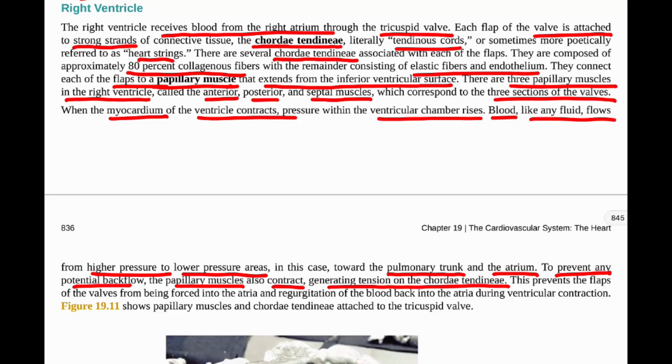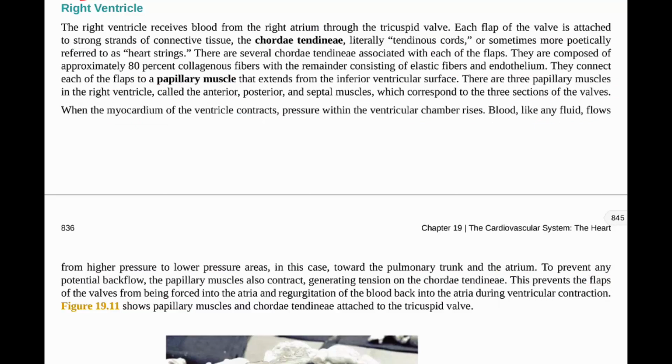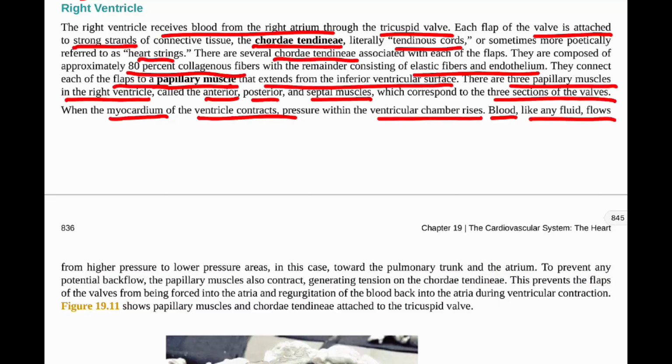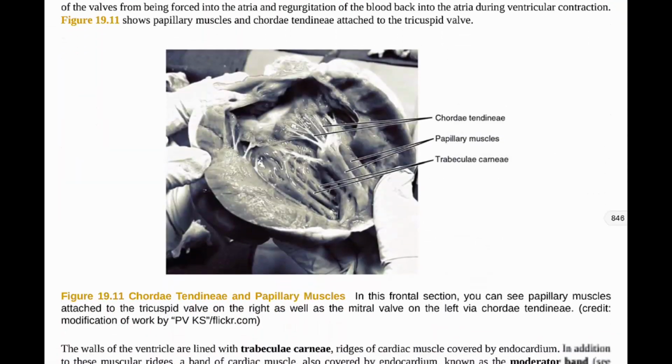Okay, so if we take a look at a picture of that, then maybe that'll make a little bit more sense. I guess we can go back up to this picture here. All right, so we have our contractions occurring. So we have our blood passively flowing into the right atrium, flowing down into our right ventricle.